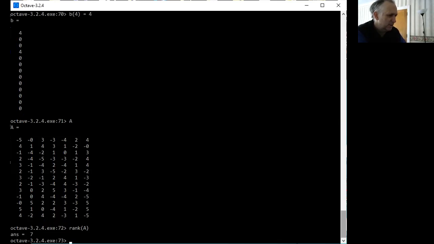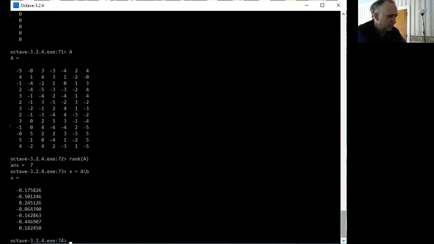I don't know. Let's see what we get if we solve AX equals B. So if I want to solve this now, I have X equals A backslash B. That's the solution. Okay, that's probably the least squares solution and not an exact solution. Now, how do we know?